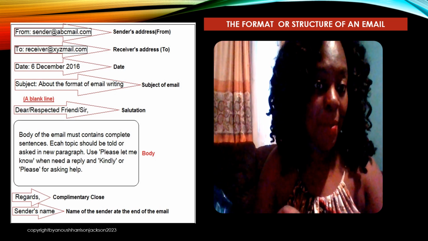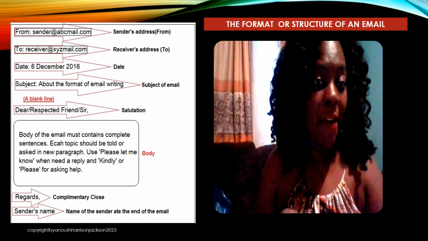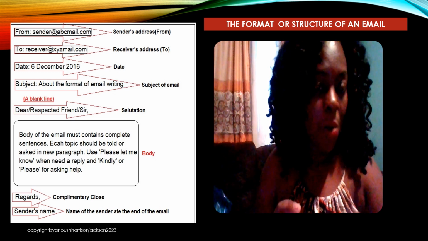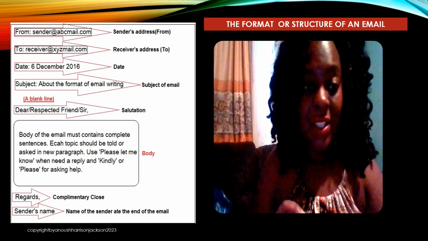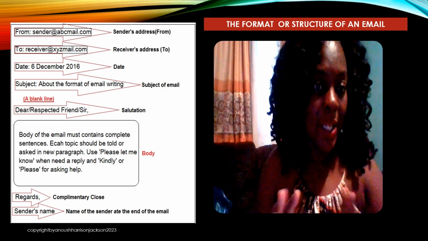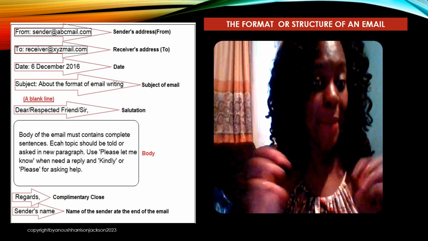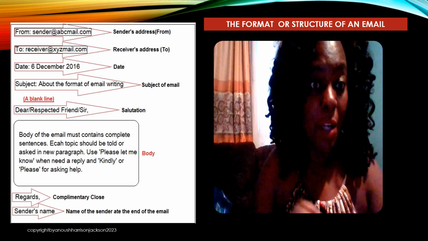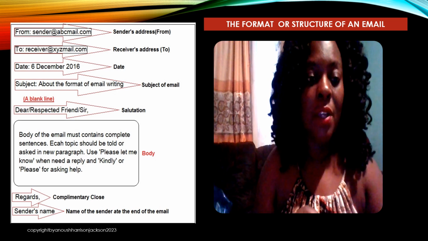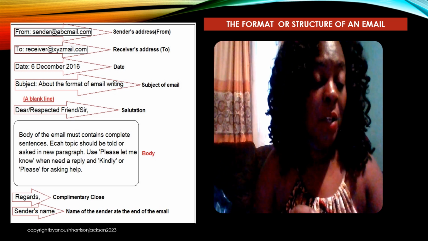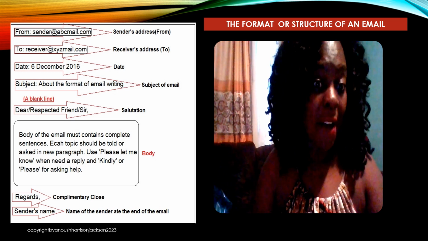Depending on the type of email that you're sending, the greetings or salutation can be a formal one or an informal one. Then of course the body of your email. This is where you have the bulk of the email containing your message, the pertinent information that you wish the receiver to have, right?